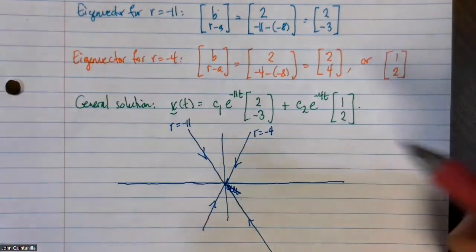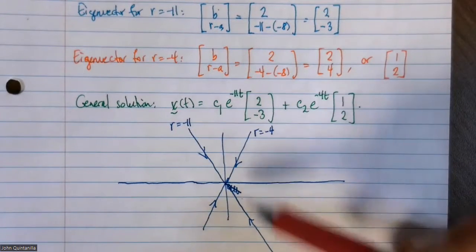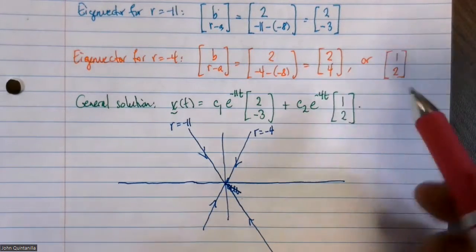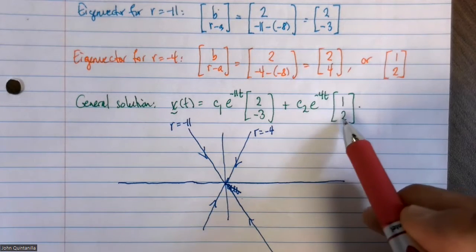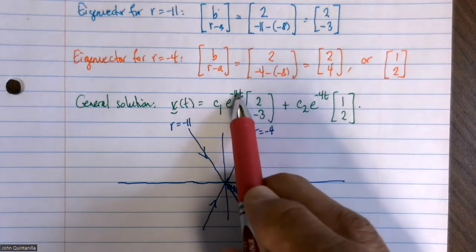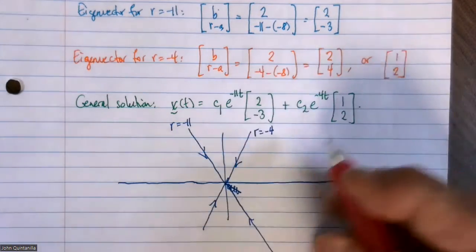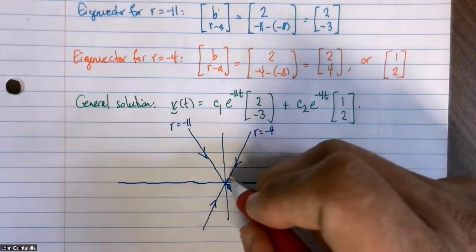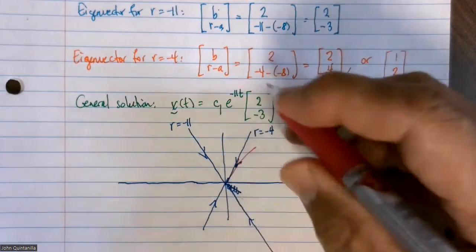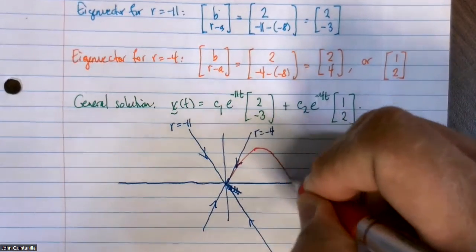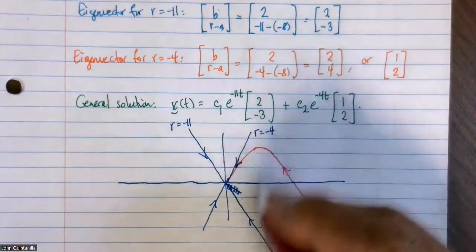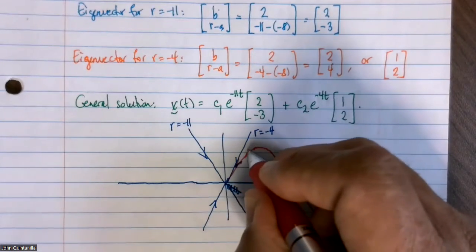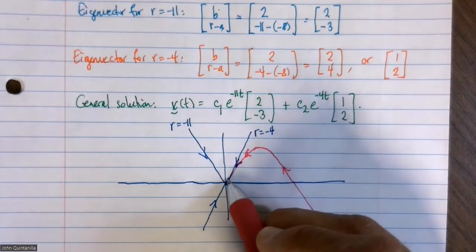Now, all other trajectories are going to be pointing in toward the origin, just like all of these. When t is large, the smaller eigenvalue in absolute value determines the behavior close to the origin, and it'll be parallel to the eigenvector of the smaller eigenvalue in absolute value. And so close to the origin, it'll be coming in along like this, and then in the other direction, it'll be like this. So parallel to this eigenvector, and then turning, and then going alongside this eigenvector.